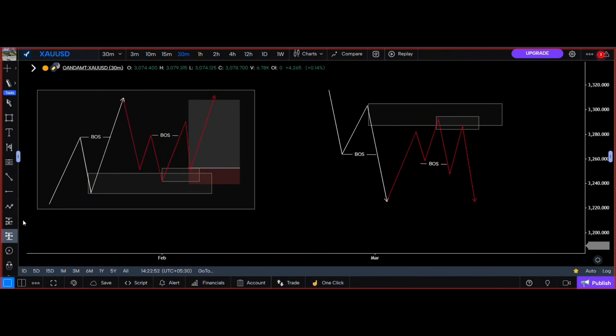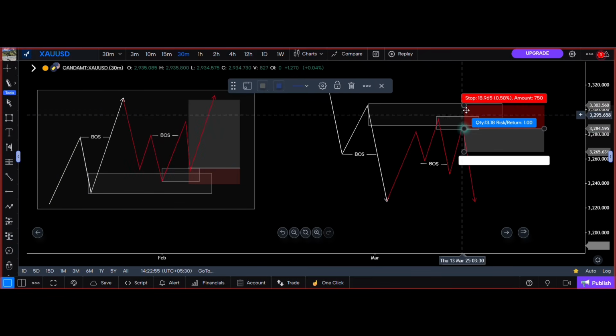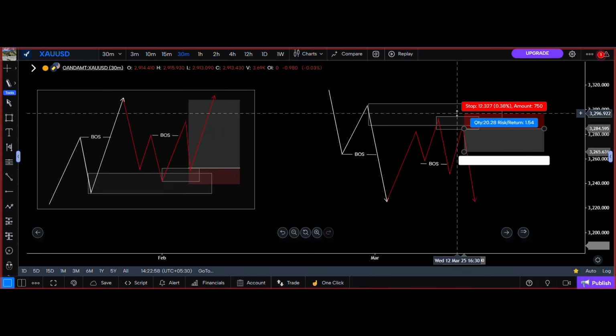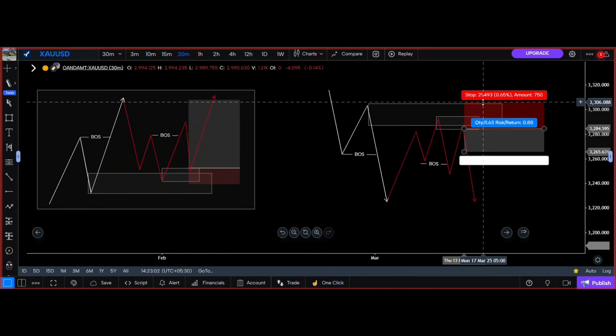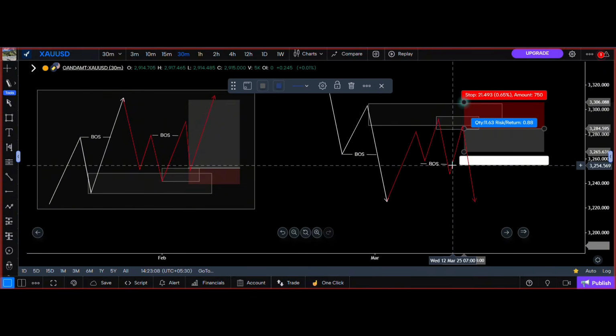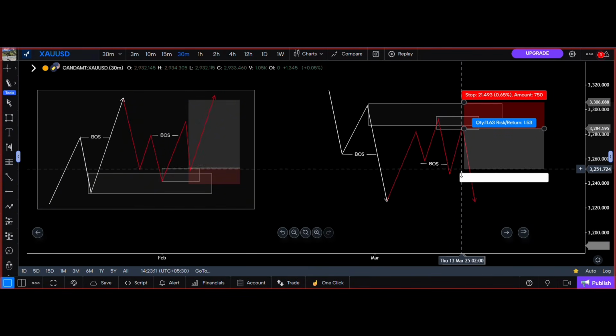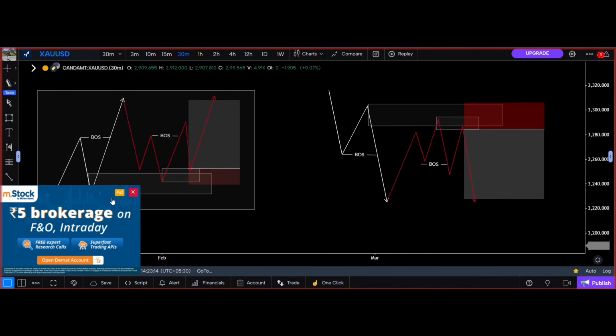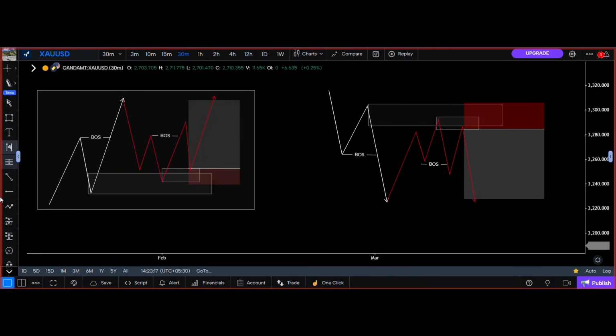Then we enter from this supply zone and put our SL here. Either we can put our SL here and take entry from this zone too. This is just for the confirmation and the best RR. And put our TP at this recent low.